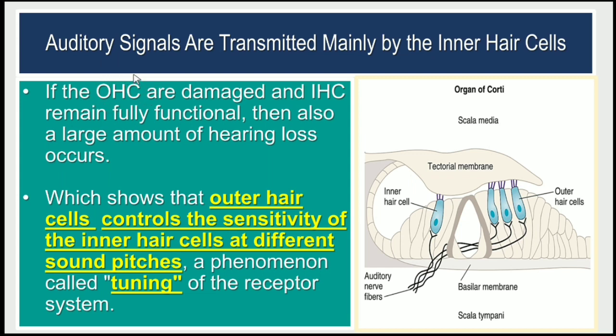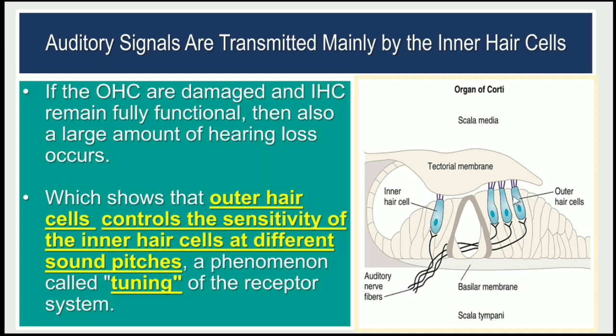Now what is that role? Outer hair cells control the sensitivity of inner hair cells at different sound pitches. In simple words you can say, they fine tune the receptor.